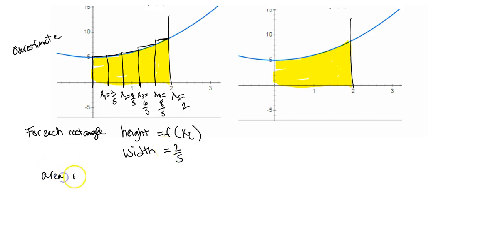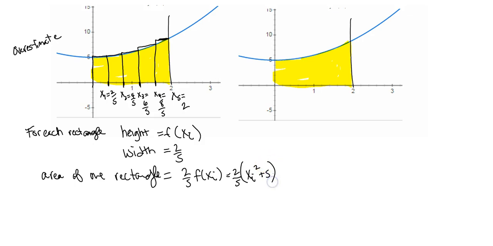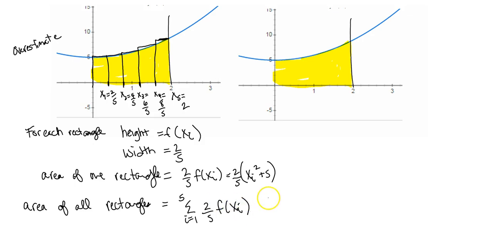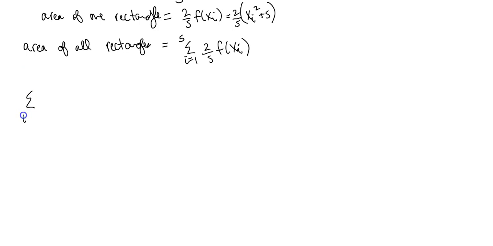So the area of one rectangle is going to be equal to 2/5 times f of x of I, or 2/5 times x of I squared plus 5, because that's f of x of I. And the area of all of the rectangles would be the sum from I equals 1 to 5, since we have 5 rectangles, of 2/5 times f of x of I.